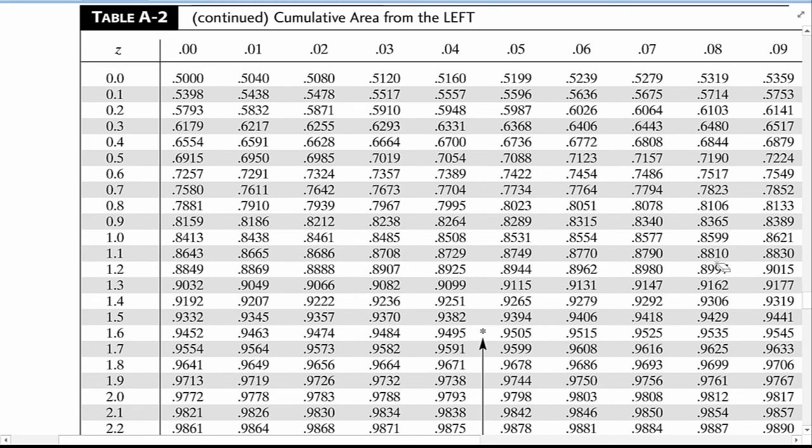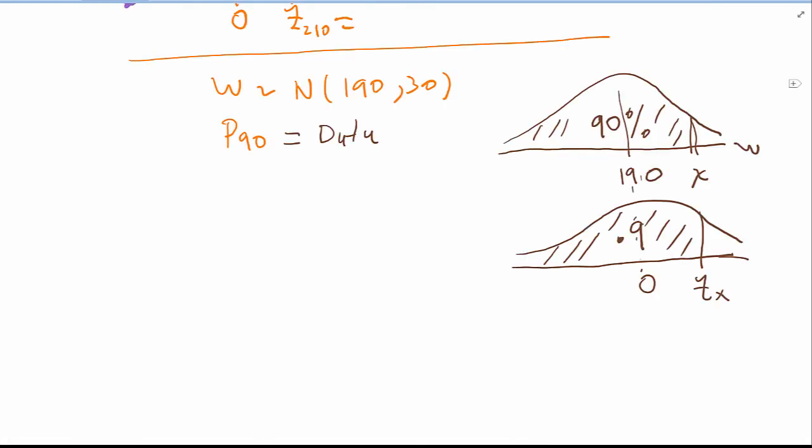That is the closest, so let's grab that value. Well, what is the z value that corresponds to that? It's going to be 1.28. 1.28 is the closest that I can get to 0.9. That's the relationship between the z value and the percentage of values below it.